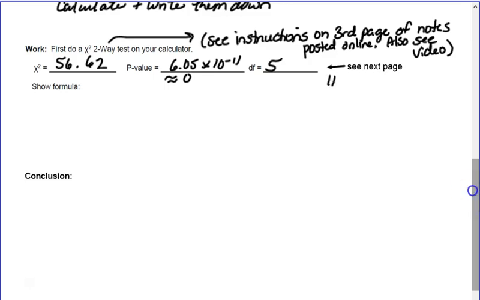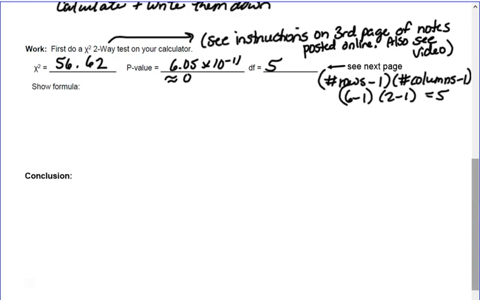It's the number of rows minus 1 times the number of columns minus 1. That's how you figure out the degrees of freedom for a two-way table. So this is 6 minus 1 times 2 minus 1, and that's why we get 5. I'll explain why that's true in a separate video if you are interested.